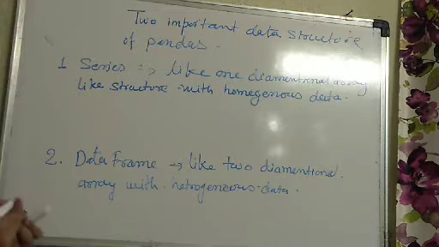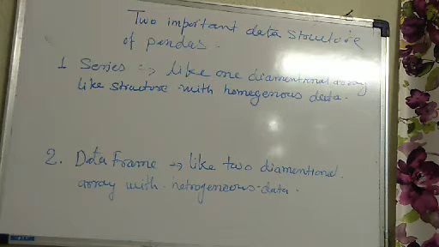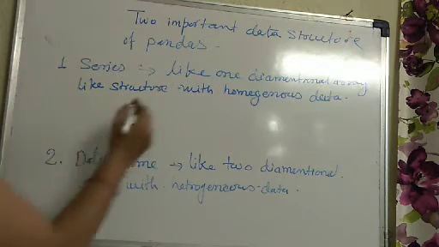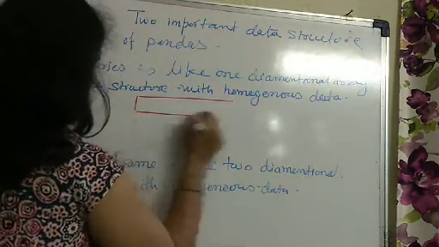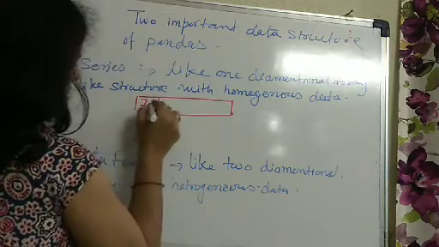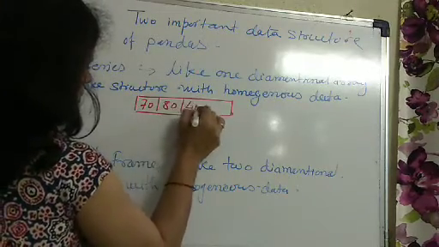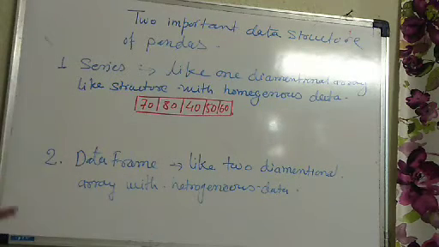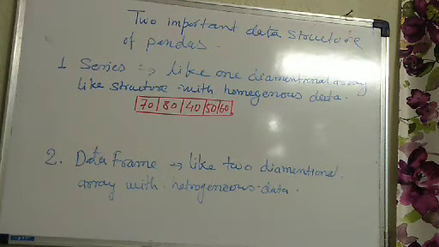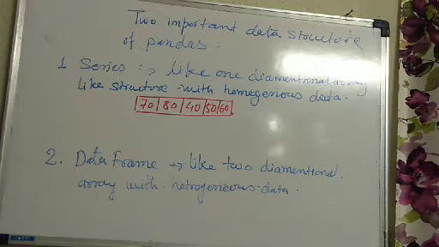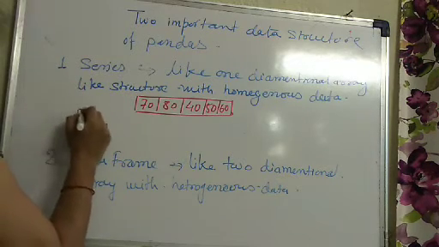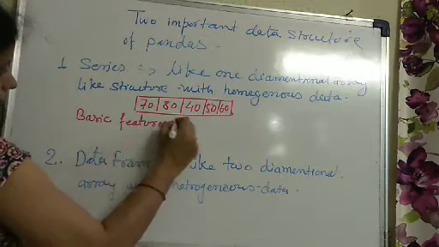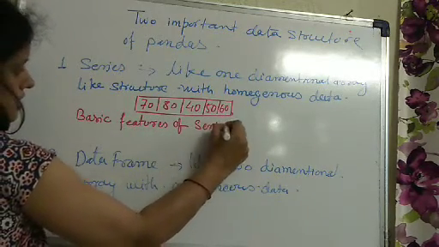Now in series, it is similar to the single-dimensional array, right? You have seen that you can draw a structure like this: 70, 80, 40, 50, 60. Clear? This is single-dimensional array data. So what can be the basic features of series?